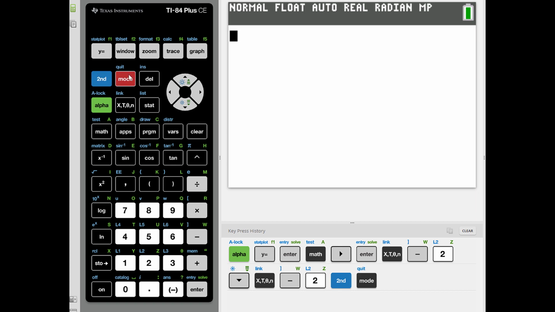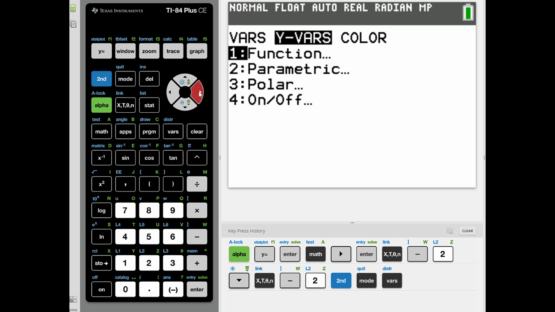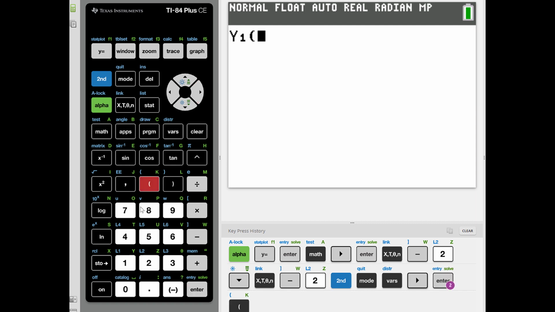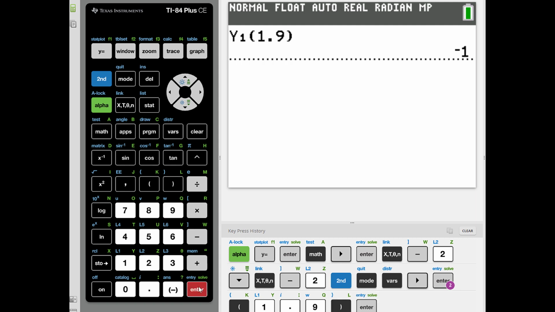I'm going to show you another way to evaluate this function. We're going to go to VARS, right arrow key, enter, and then enter again. Y sub 1, open up a set of parentheses, and we're going to input 1.9, close the parentheses, and then press enter. And we get -1. Let's do this process again.